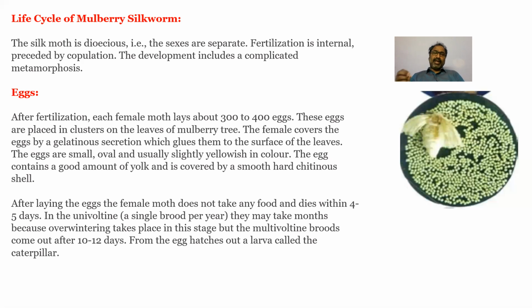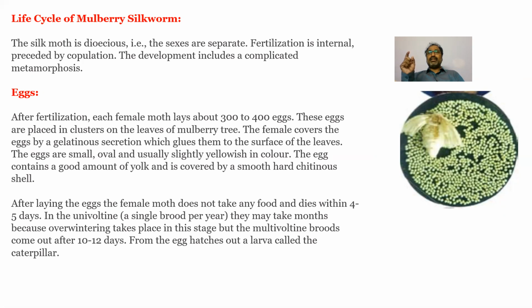The eggs will hatch and new larvae will come out of the eggs. They are called caterpillars. In general Telugu they are called bonta purugulu. They may vary in size. On the basis of the size at which they come out of the eggs, they are called instars.